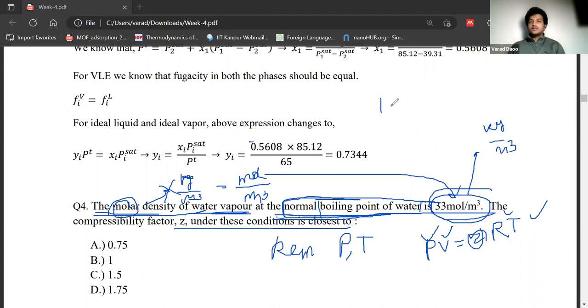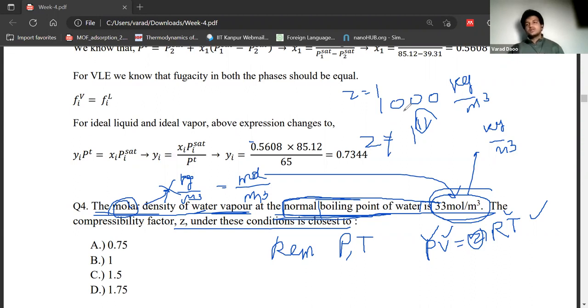We know what the density of water is at the normal boiling point, about 1000 kg per meter cube. If the density is approximately the same, that means Z will be equal to 1. If it is less, then Z will not be equal to 1, or if it is more, also Z will not be equal to 1. So I've told you two methodologies to find it.